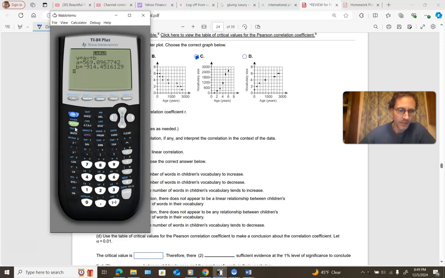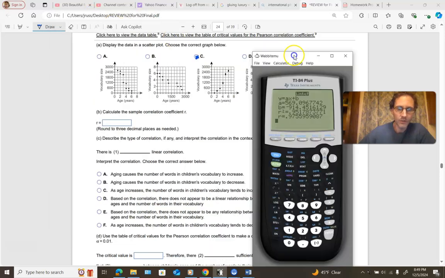So what I have to do is come down here to the catalog and go down to the D's for diagnostic and just click enter. Okay, click enter again. Now go back to stat and just do the same thing. So now, along with a and b, which is basically the slope and the y-intercept, it'll also give us that correlation coefficient.